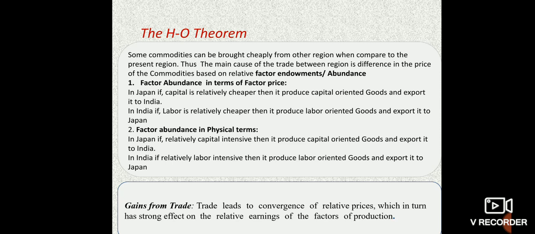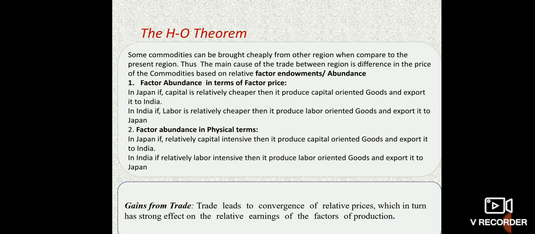They become costlier than in other countries. So the country in which the factors of production are relatively cheaper should specialize in that particular type of product and export it to the other country. Okay, so that is in terms of price.